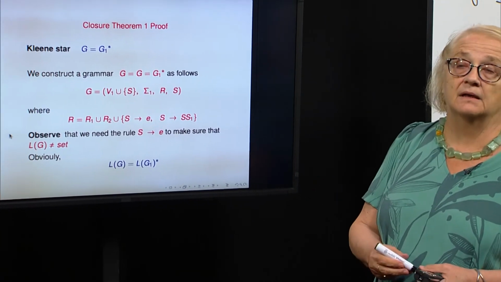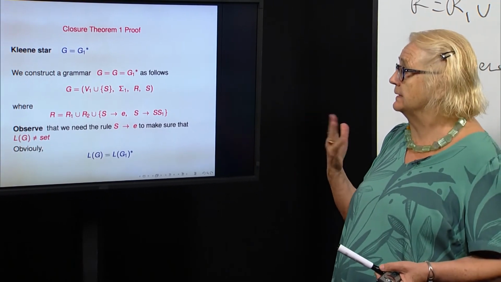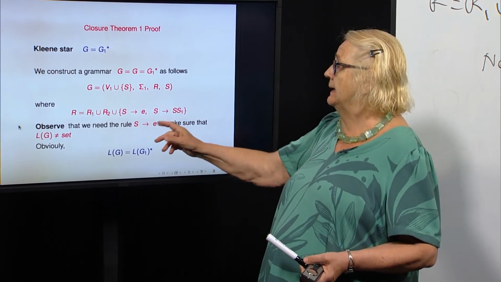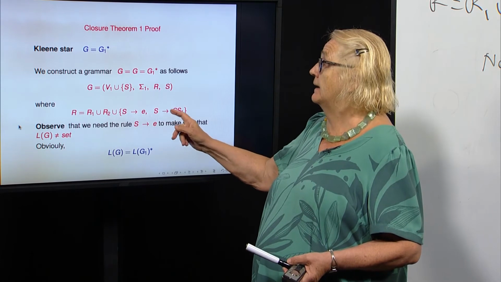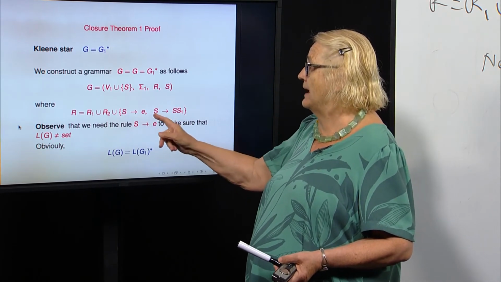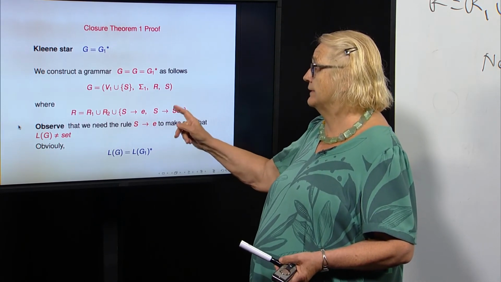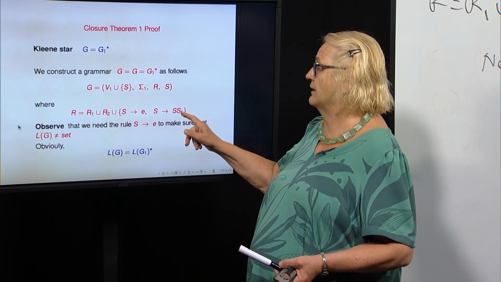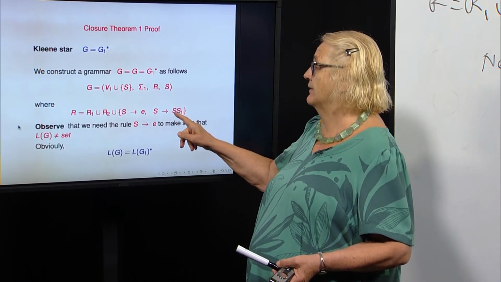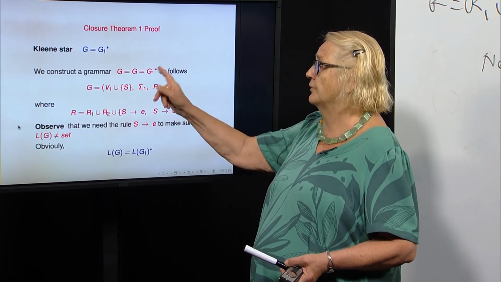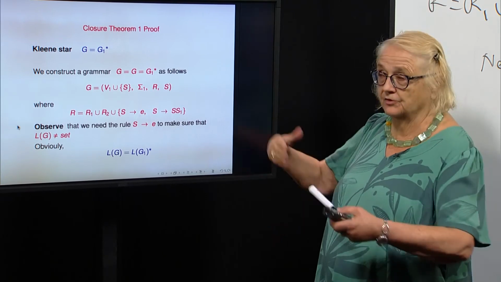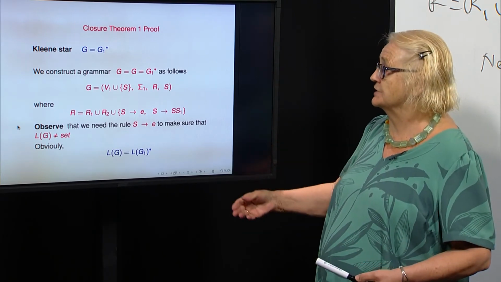Kleene star is also pretty obvious. It means you have a new symbol, and S goes to S1, right? So here you have a loop on S1, and here you need a way out.